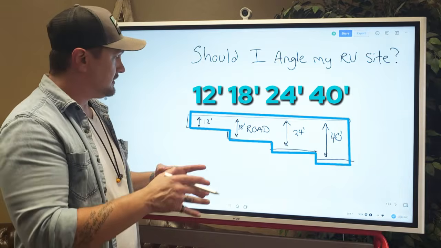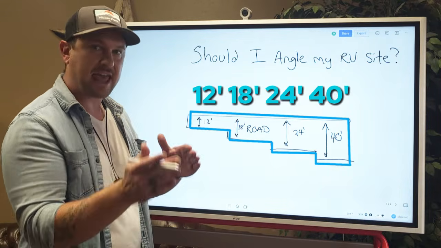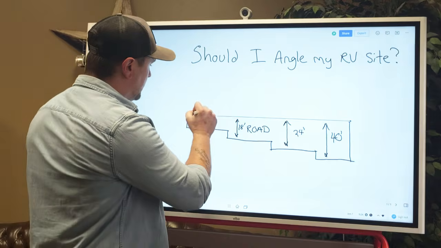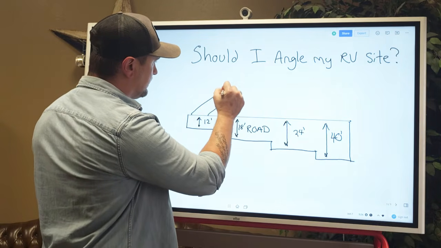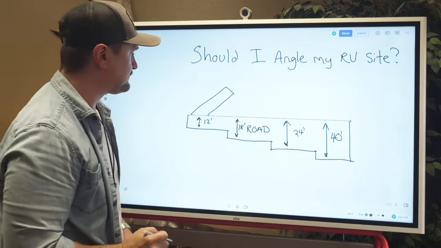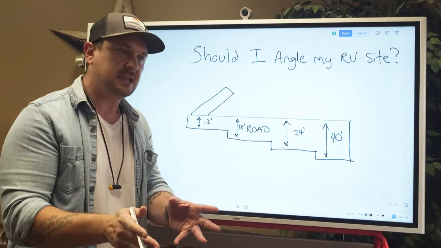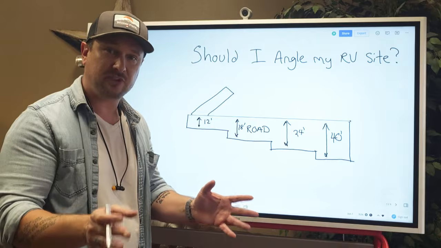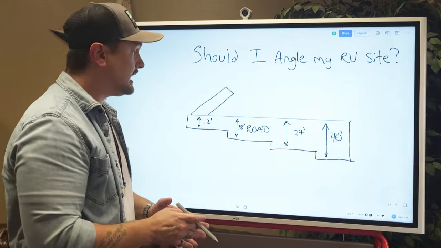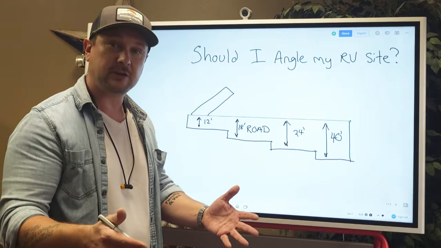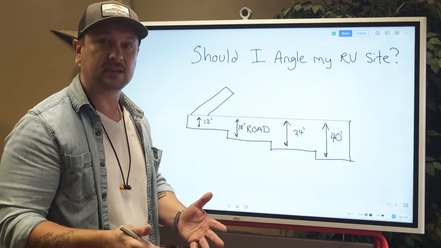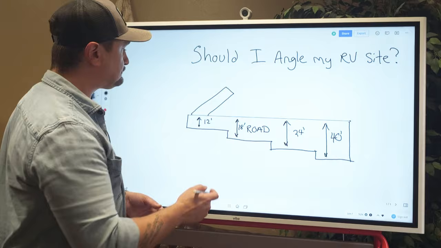Okay, the smaller the road, the more the angle. On the 12-foot, we're gonna really steepen this angle, because at the end of the day, an RV needs a good 50-foot turning radius. That's also something else that the city requires generally in your engineering if you are building in the city limits, okay?